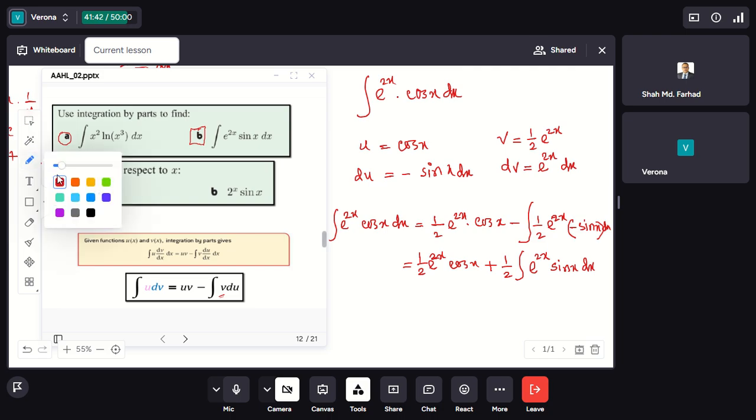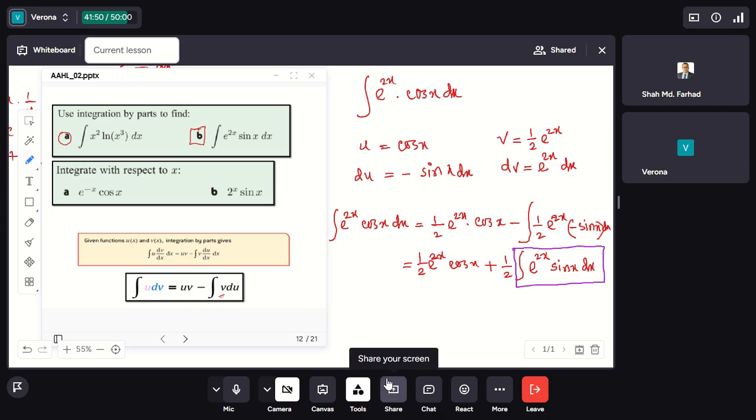That means if we notice the term here, that is the term we started from.